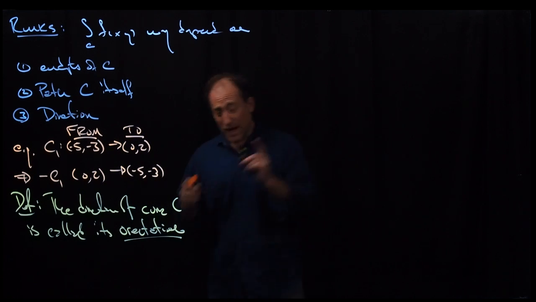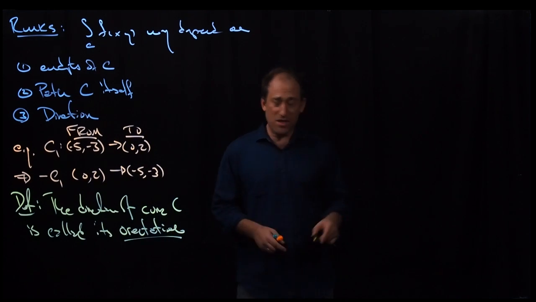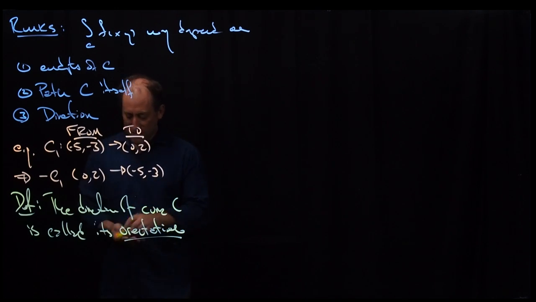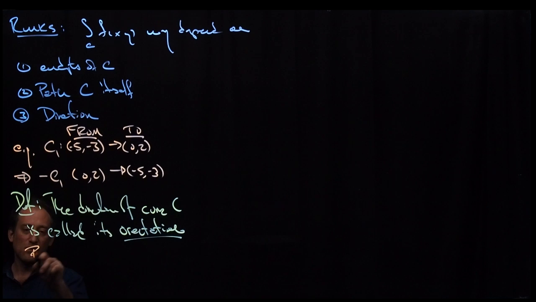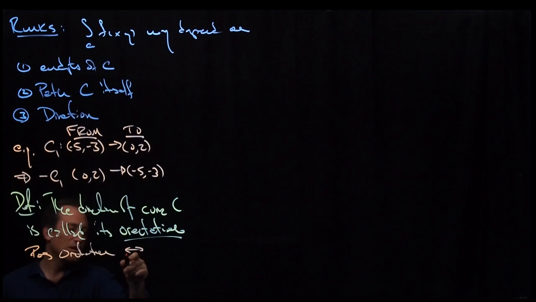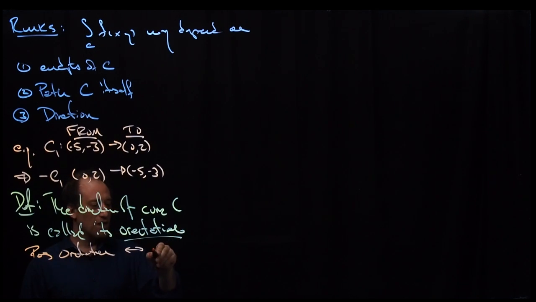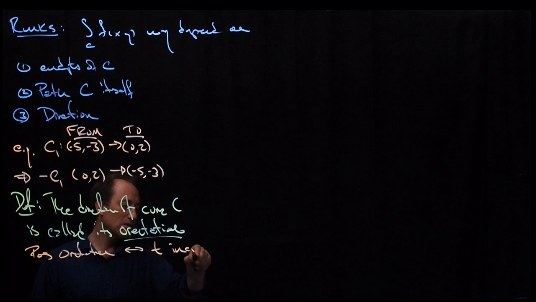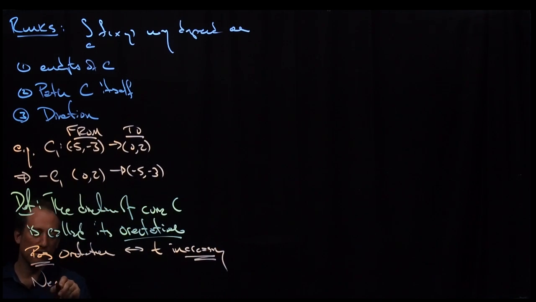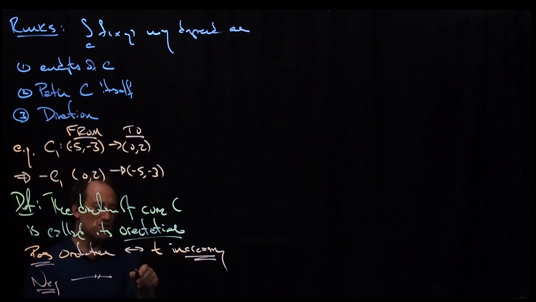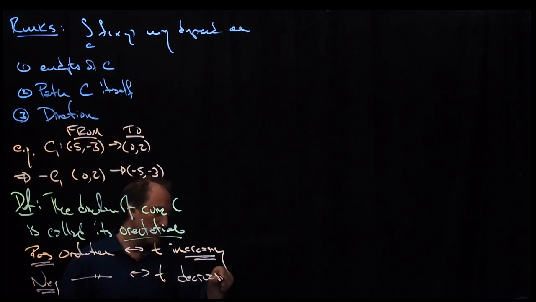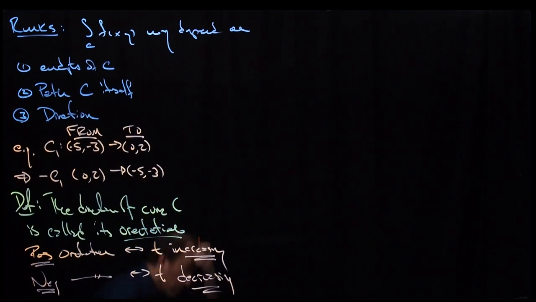Not surprisingly, positive orientation corresponds to increasing values of t, or the parameter, whereas negative orientation corresponds to the parameter, as you'd expect, decreasing.